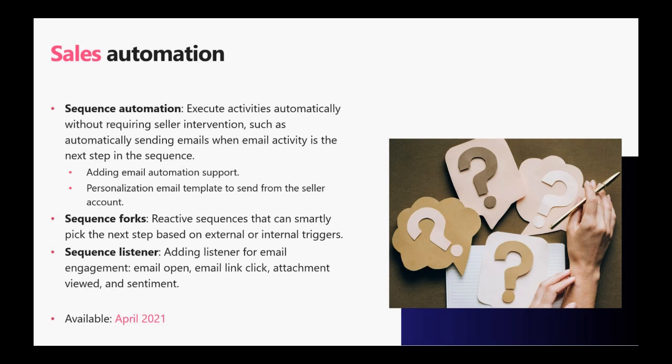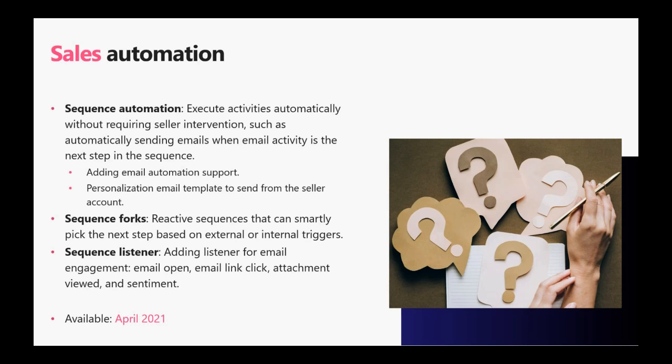So for example, if we have an opportunity that's in a certain step, and we know the next step is to send a follow-up email or something like that, this sequence automation will actually be able to send this email to the customer without the salesperson doing pretty much anything. So that is what Microsoft, I think, means by adding email automation support, personalization of email templates, and anyhow, this sequence automation.